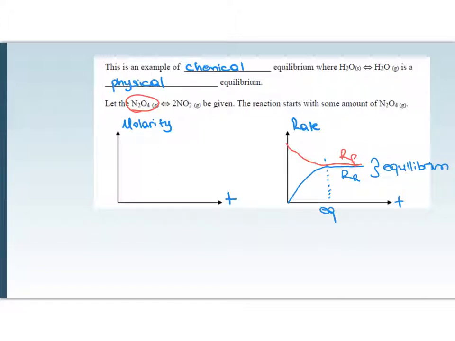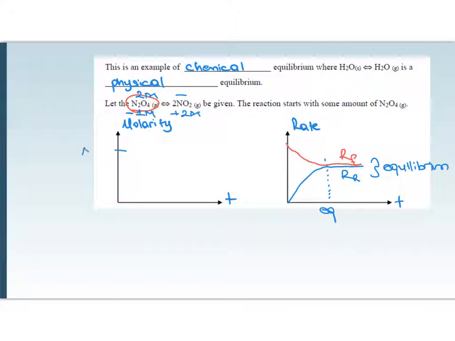Now, what about the molarities? Let's say that you have 2 molar of nitrogen tetroxide in the beginning and you have no nitrogen dioxide. And again, in this chapter also, you're going to use stoichiometric calculations like we have done before. Let's say that only 50% of this nitrogen tetroxide is decomposed, producing twice its amount, so 1 molar decomposed gives 2 molar of nitrogen dioxide. So what would the graph look like?